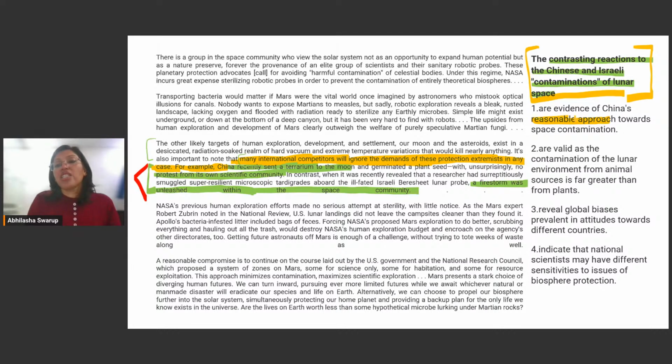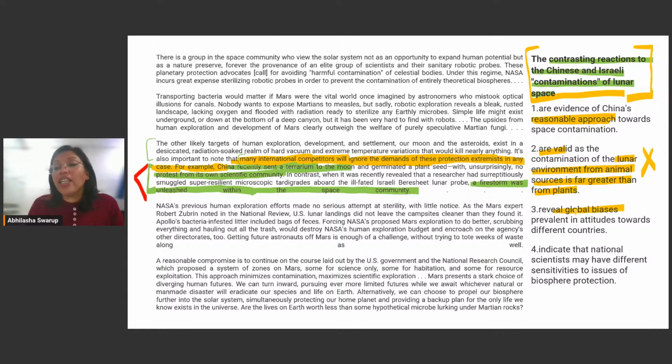Now, is this reasonable? I don't know. The contrasting reactions are valid as the contamination of lunar environment from animal sources is far greater than from plants. Well, this was really not mentioned, so I can eliminate 2. They reveal global biases prevalent in attitudes towards different countries. But do they reveal global biases? Chinese own people only did not say anything, right? But here in the West, their own people create a firestorm.